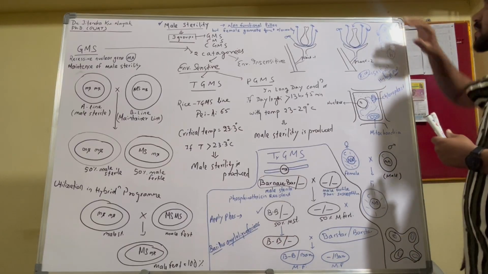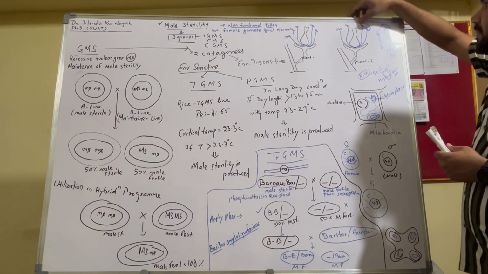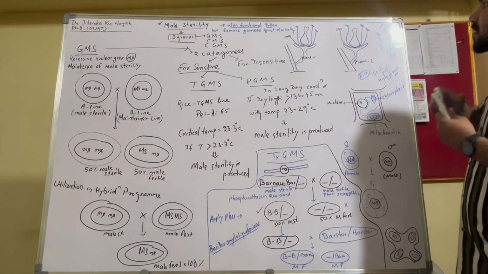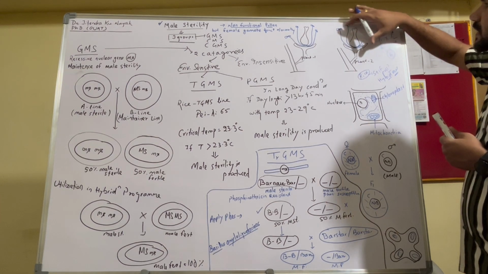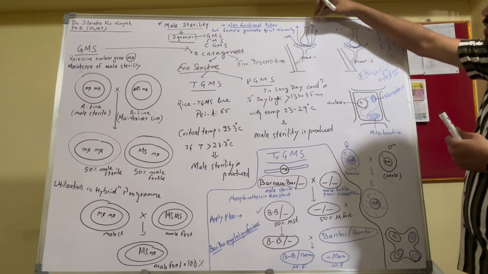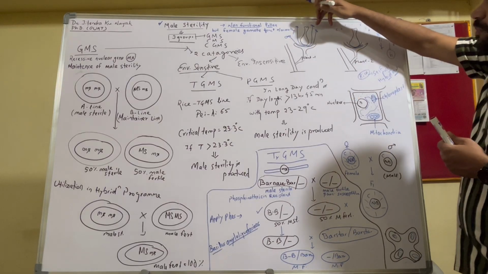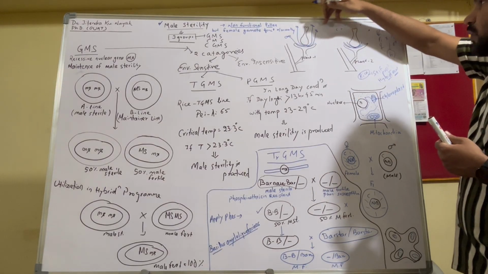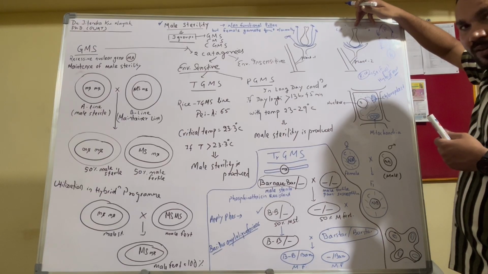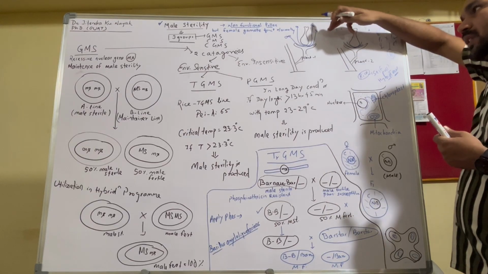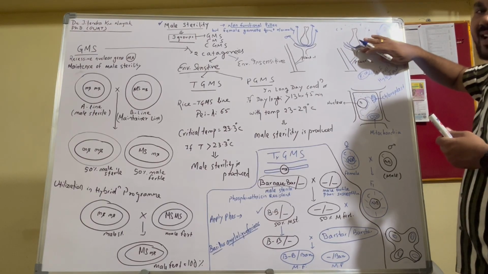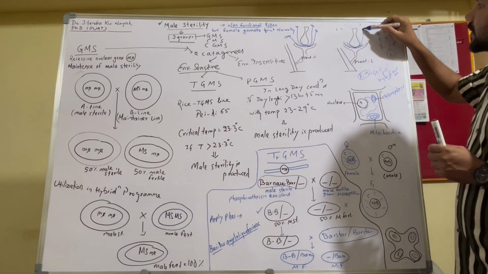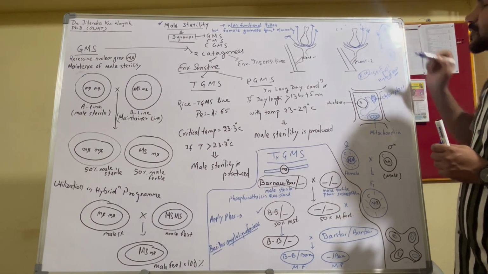Suppose there is a technique where I can remove the anther. If I remove the anther, then the pollen from another plant will fall over the stigma here. This is cross pollination, and the seed produced in this plant is called hybrid seed. This is called emasculation.